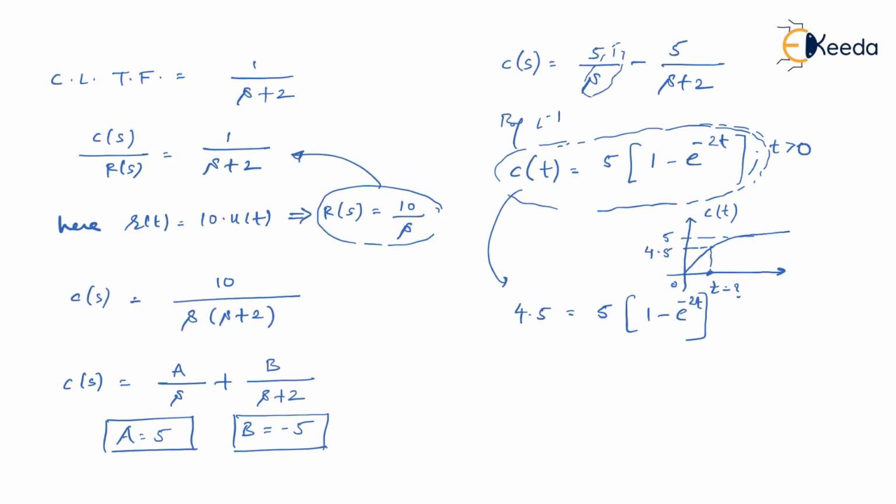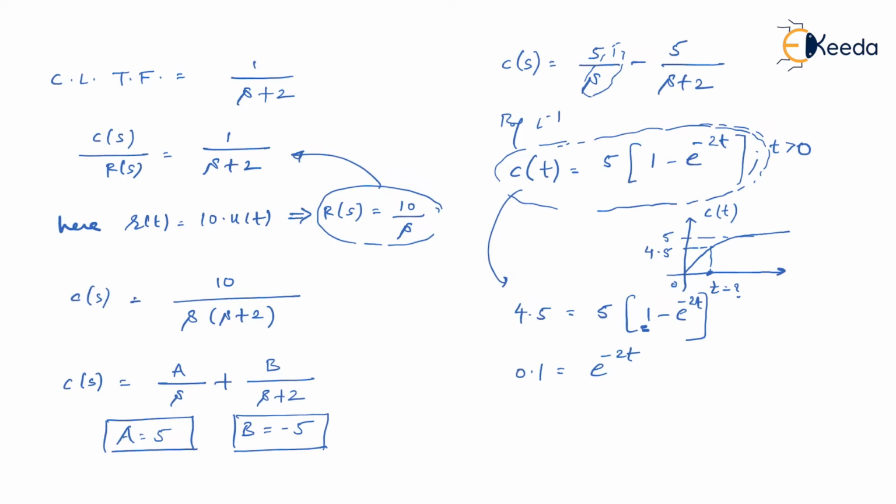Am I right? So if you divide 4.5 by 5, it comes out to be 0.1, which is equal to e to the power minus 2t. After that, I'm getting 0.1 on the left hand side.